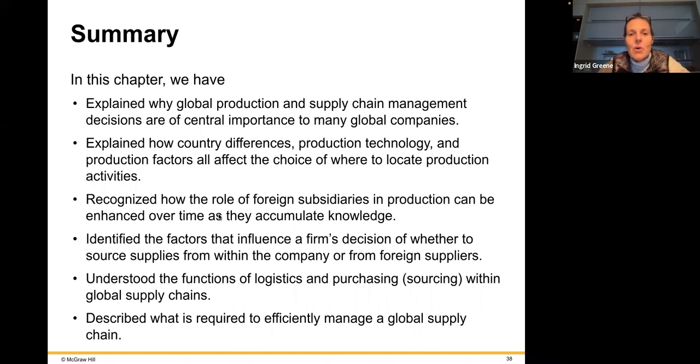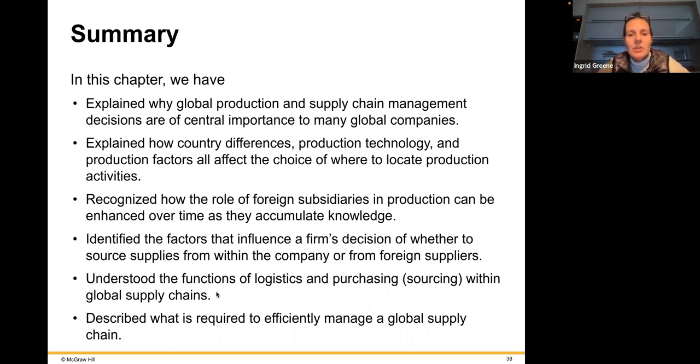We recognized the role of foreign subsidiaries and how it can be enhanced over time as they accumulate knowledge and become more of a partner, and they know more and more about your product. Identify the factors that influence a firm's decision of whether to source supplies from within the company or from suppliers. So to make or to buy, we went through that flow chart as to all the different factors to consider if you think you want to make or buy a product.